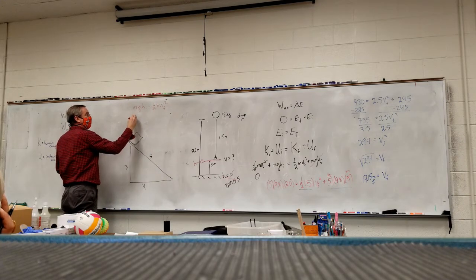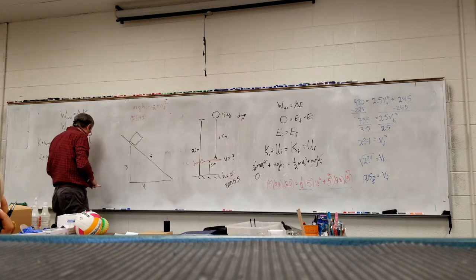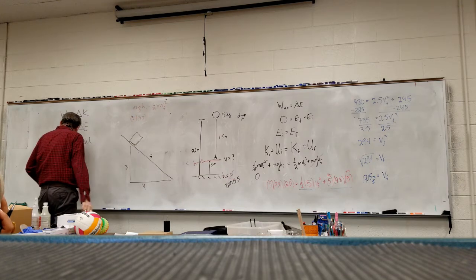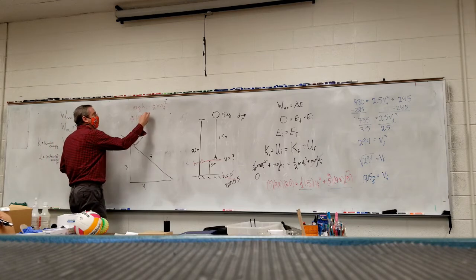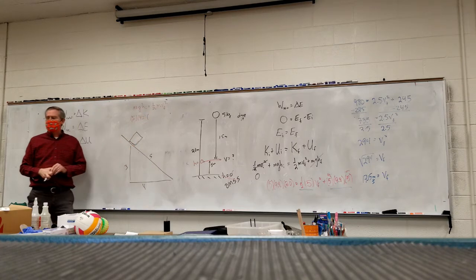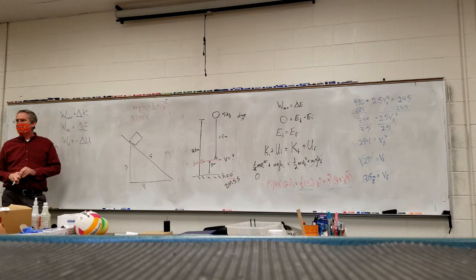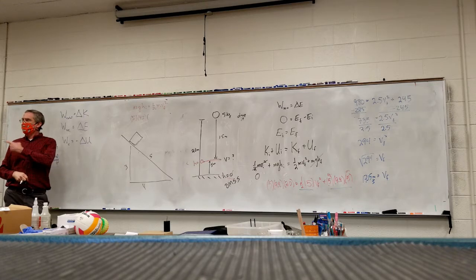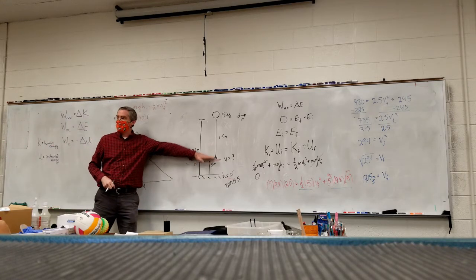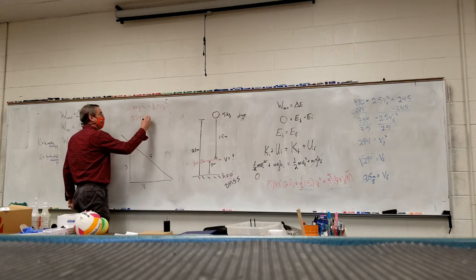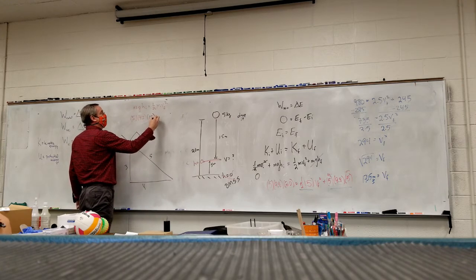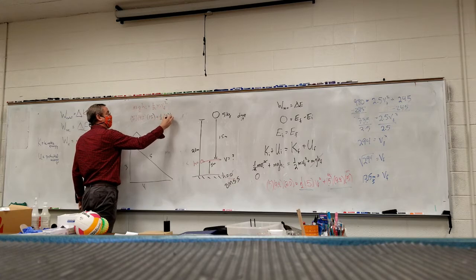So that's 5 times 9.8 times, what's the initial height now? Not 20 meters. 15. Since 0 is now here, it's 15 meters above that. So 5 times 9.8 times 15 equals 1/2 times 5 times VF squared.